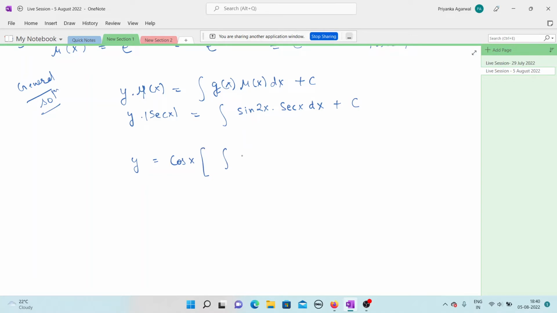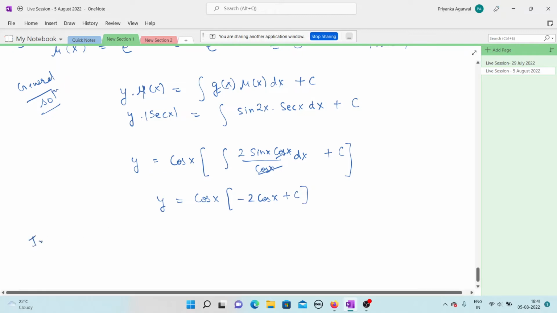Sin 2x can be written as 2 sin x cos x, and sec x can be written as 1 by cos x. Cos x cancels out, and what we have is cos x times the integral of 2 sin x dx. So this becomes minus 2 cos x plus c. Right? So this is the solution.